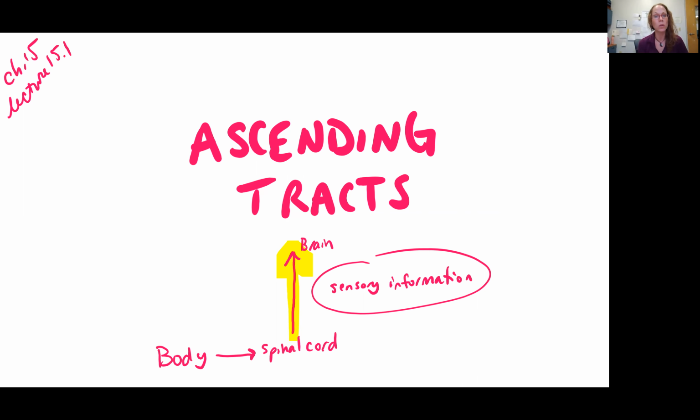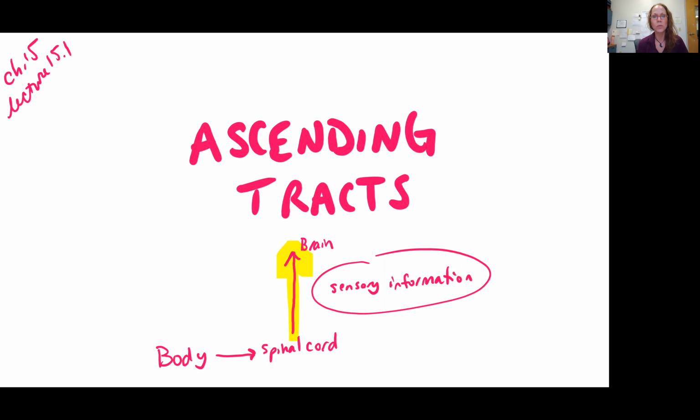So as we are looking at each of our tracts, we do need to pay attention to exactly what type of information is traveling. So we have to go a little bit beyond whether it's just sensory or motor and know specifically what type of sensory information. Obviously, these are all traveling up, but we need to know where that final processing center is going to be located.